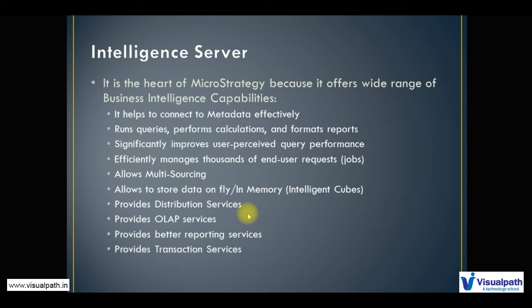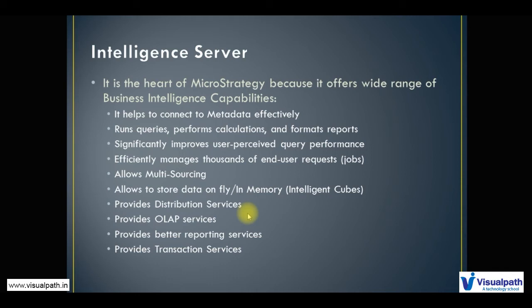It provides transaction services. So what does transaction service mean? We have a data warehouse from where you are getting the data and creating a report, right? That's unidirectional. You are getting information from the data warehouse in MicroStrategy, but you can also feed data from MicroStrategy back into the warehouse.